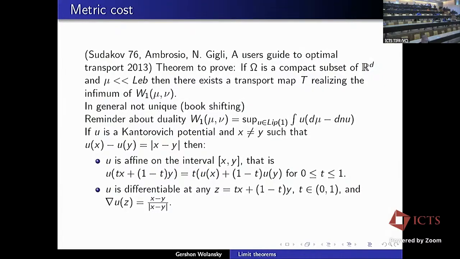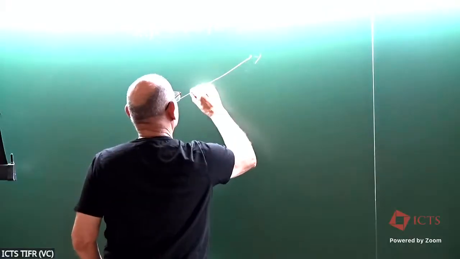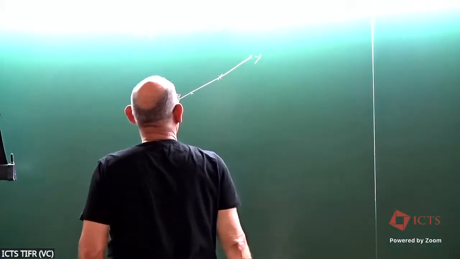And the first obvious observation is that if there are two such points x and y such that u(y) - u(x) equals |x - y|, then it's almost obvious that all points in between also satisfy this equality.